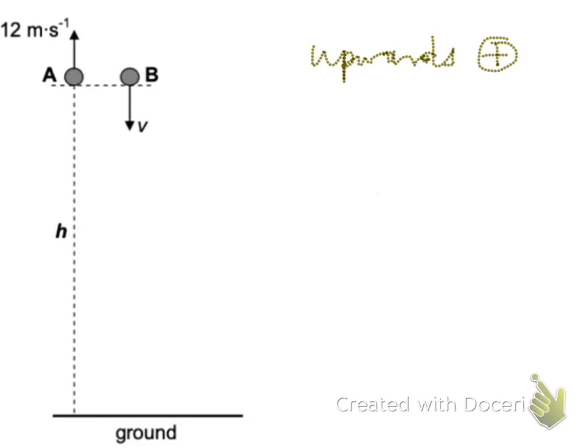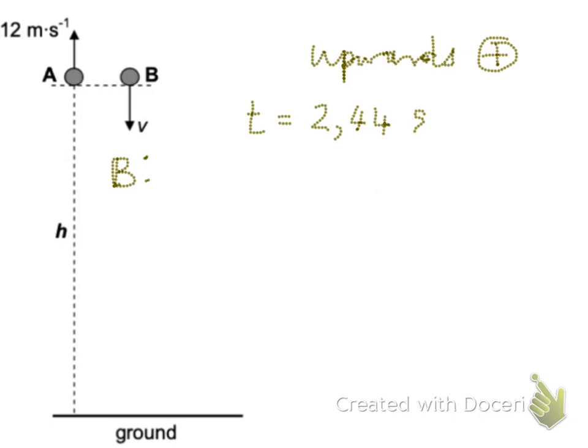So let's take stone B. For stone B to go from its initial point to the ground, the time is same time that stone A is tossed up and passes its original point, which will be 2.44 seconds. How do we get that?